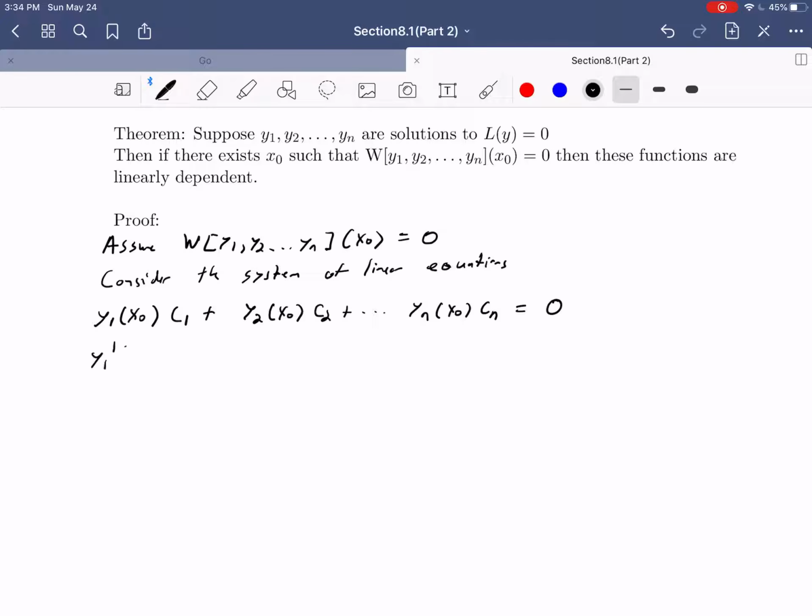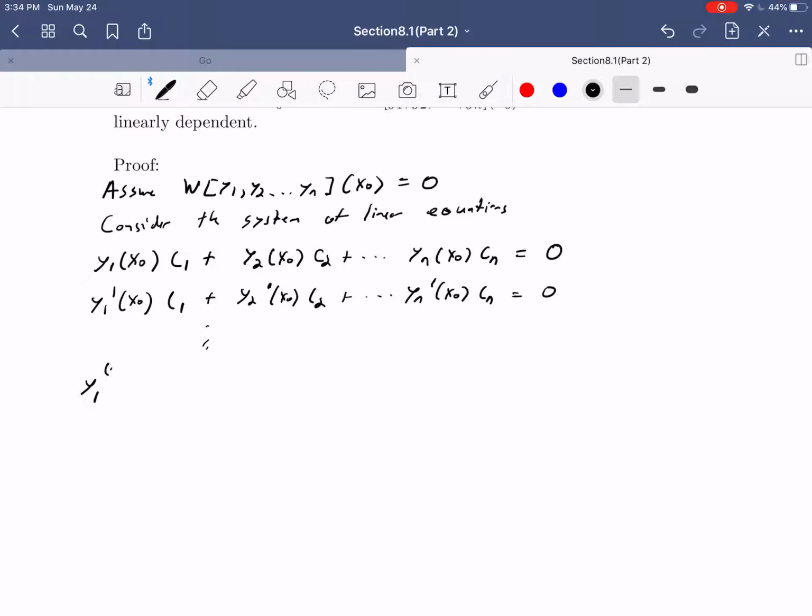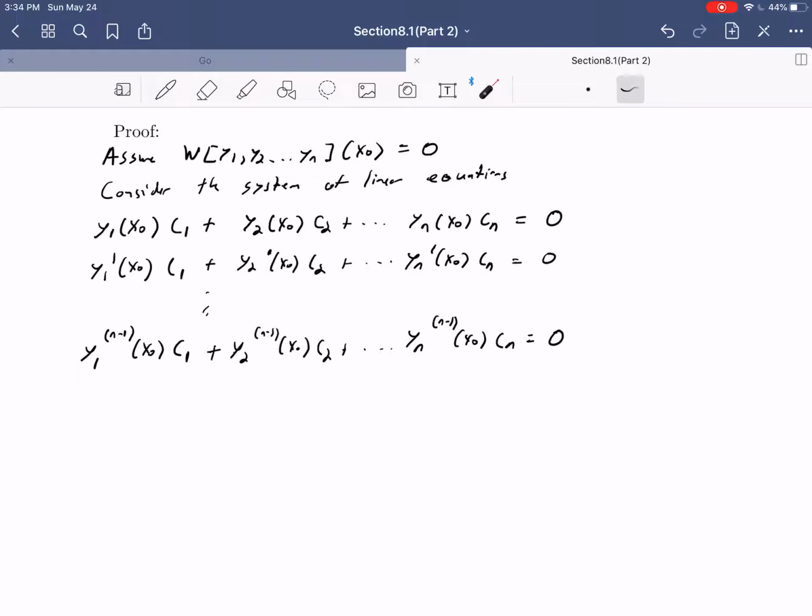And then y1 prime at x0 times c1, plus y2 prime at x0 times c2, plus dot dot dot, yn prime at x0 times cn equals 0. And then all the way down to the n minus 1 derivatives of y1 evaluated at x0 times c1, plus the n minus 1 derivative of y2 at x0 times c2, plus dot dot dot, the n minus 1 derivative of yn at x0 times cn equals 0.